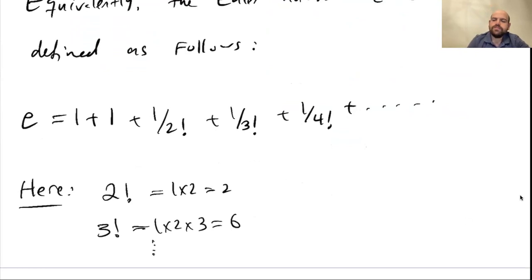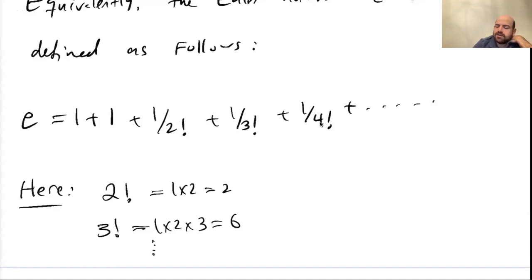Okay, so here, if you look, 1 plus 1 is 2, then this is 1/2, so 2.5. Then 2.5 plus 1 over 6, then plus 1 over 24, right?